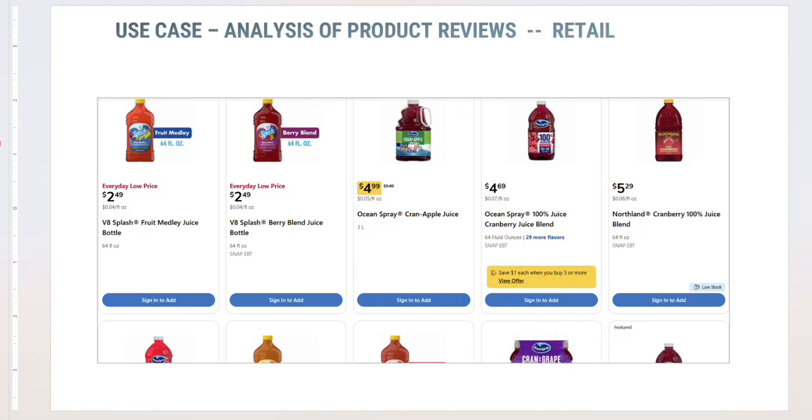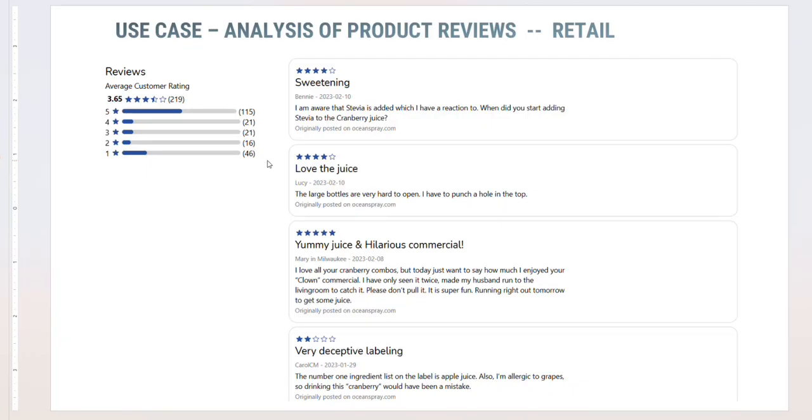So you see different products presented on the page. In this case, these are different blended juices, and we would be collecting the reviews for these products and analyze them.